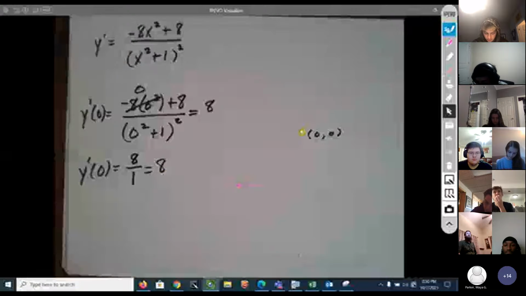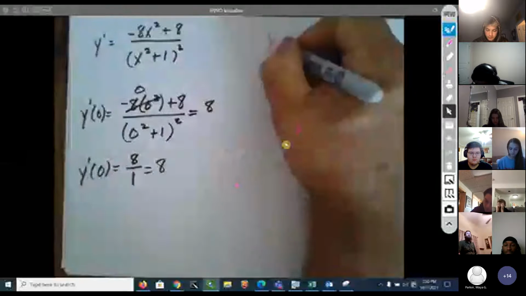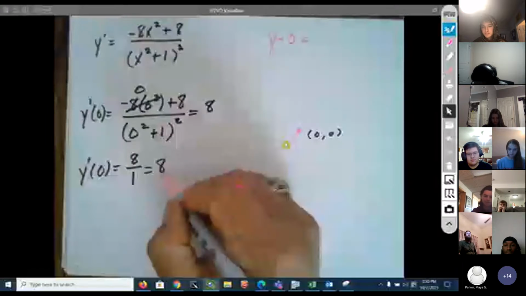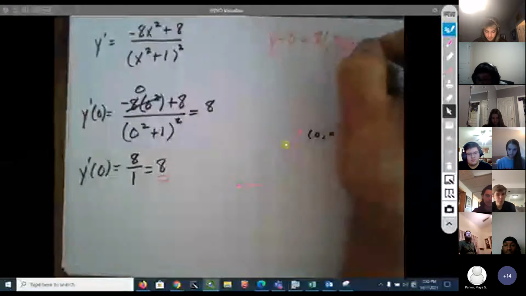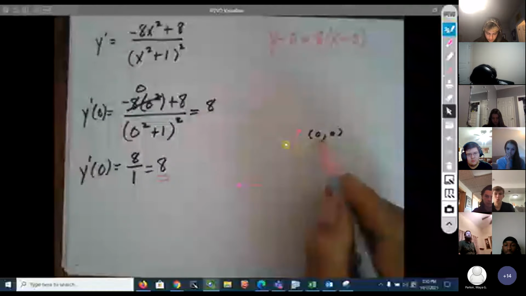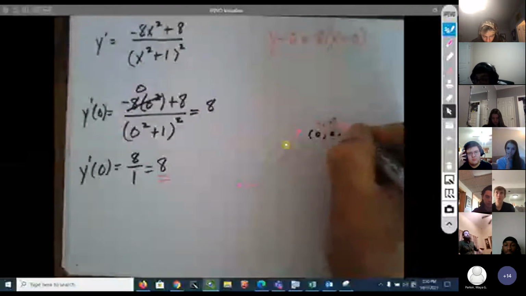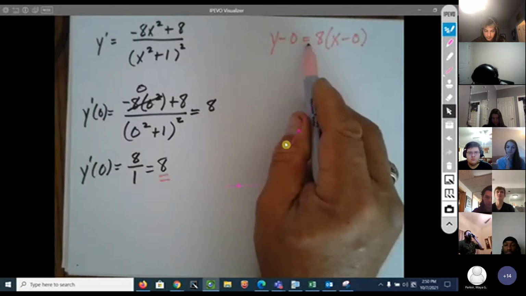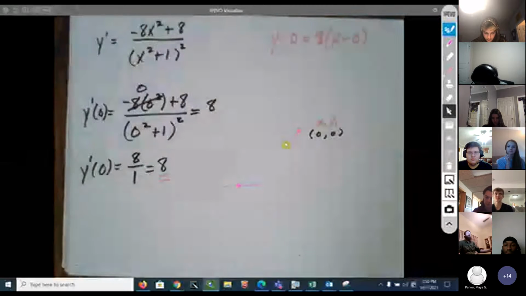So now we've got to find the equation for this pink line, and I'm going to do that in pink. y minus 0 is equal to 8 times (x minus 0). This is your x sub 1, this is your y sub 1. y minus y sub 1 is equal to 8 times (x minus x sub 1).